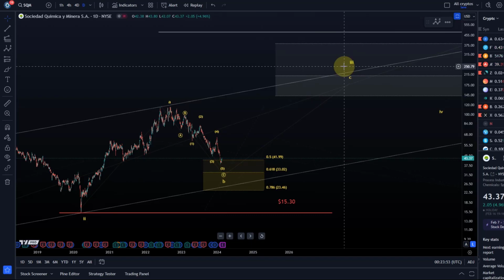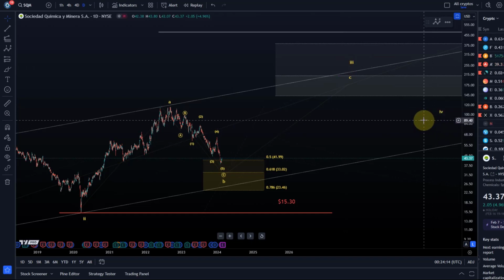And obviously it all depends on the price successfully maintaining above $23.46, but certainly $15.30. That's the invalidation point. It's just that below $23.46, probabilities already turn to the downside, you could say, and shift towards the bear case.